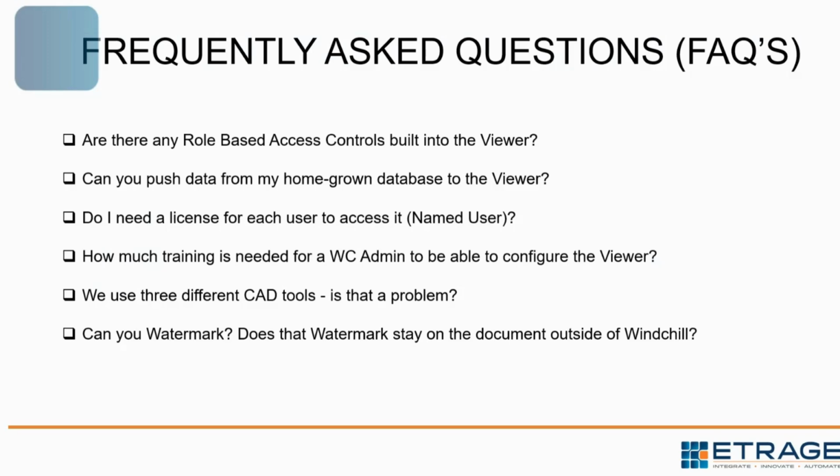With our drawing note search feature, we can do all that very easily. It's essentially a matter of publishing that data, and making sure when we publish, we customize it to also publish and search for the notes and have those published to the ETRAGE Viewer. Then you can search within the viewer based off of that information, for example, the ECN number.